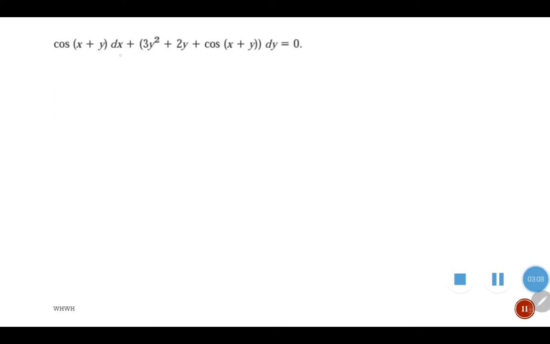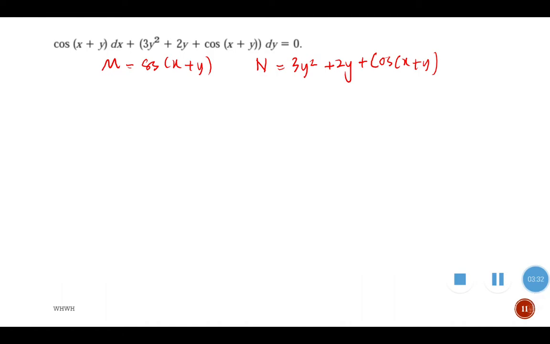So here we have our M as cos(x + y) and our N as 3y^2 + 2y + cos(x + y), right? So you may choose either one of the 2 methods.